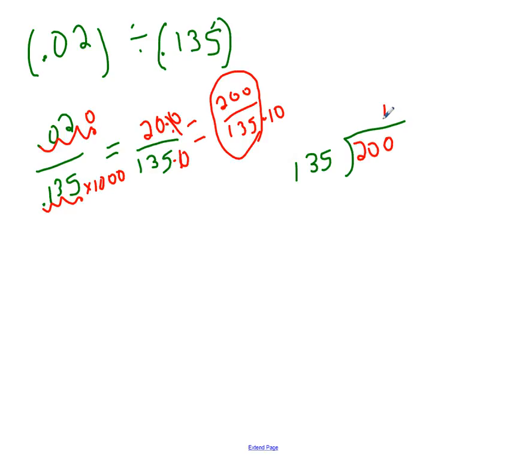135 times 1 is 135. So, let's see, 65. Smaller than 135. But that's a remainder. I don't want a remainder. So let's multiply by 10 again. So now instead of 200, that's 2,000.